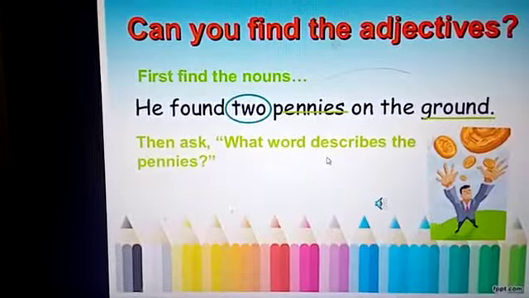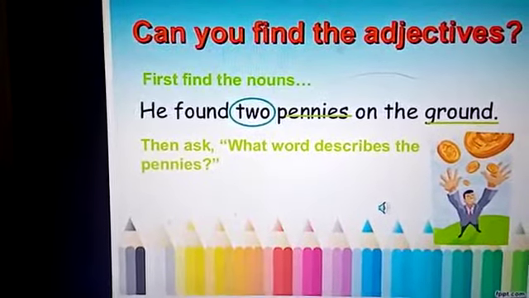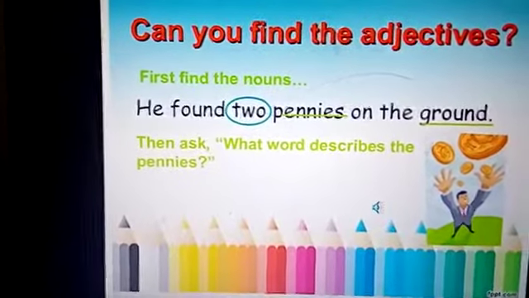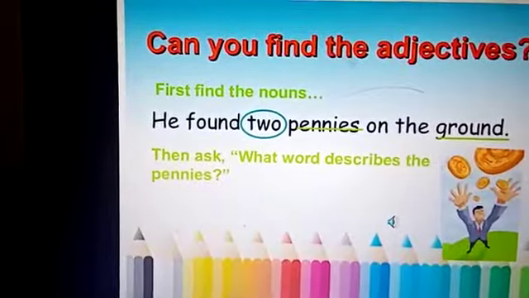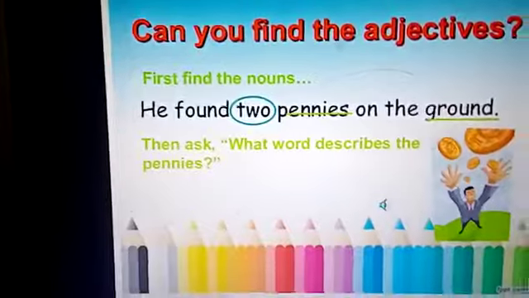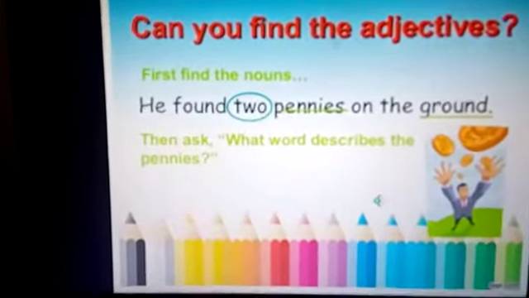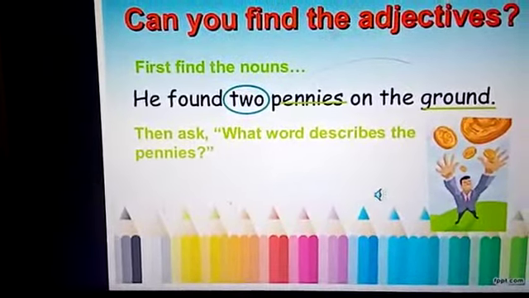He found 2 pennies on the ground. Pennies is a currency. So 2 pennies shows the quantity or number. This is an adjective, adjective of number. Loud bell. Brown dog. Tall man. These all show adjectives.